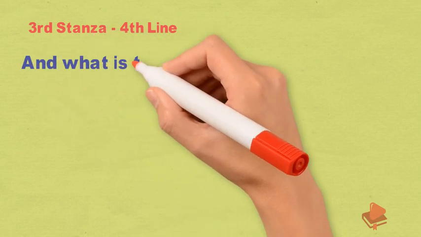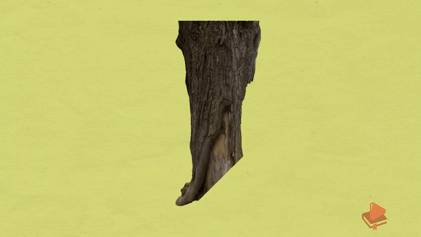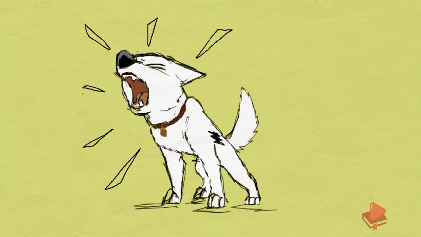And finally, the poet tells, and what is the sound of the tree's bark? In this picture, you can see the bark of a tree. And on the other side, he wonders, what if the sound of a tree is like a bark?